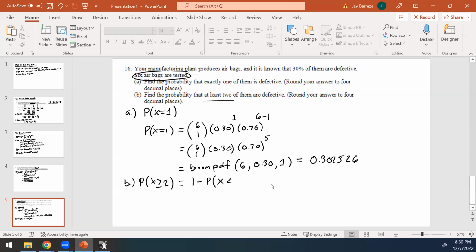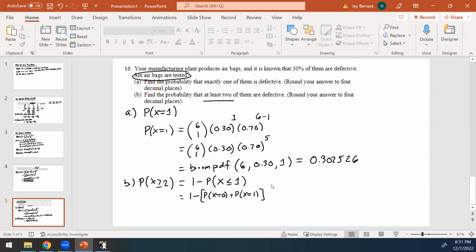Well, do I want to include 2? No. So then I would be less than or equal to 1. Okay. And maybe that's not speaking to you. So really what I'm saying is 1 minus the probability of x equal to 0 plus the probability x is equal to 1, right? Means the exact same thing.